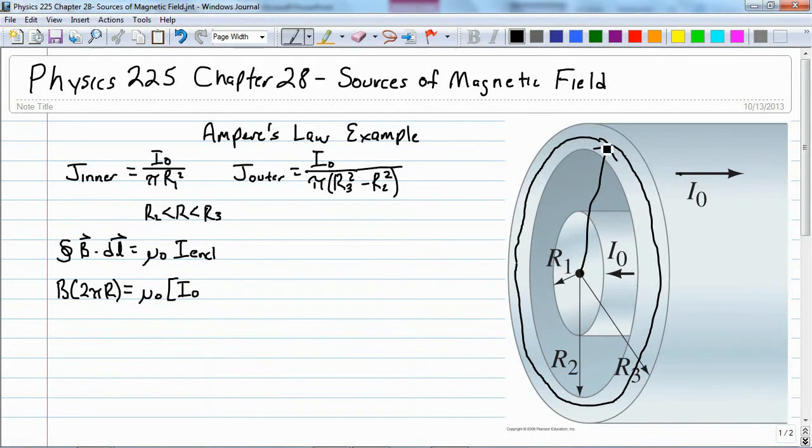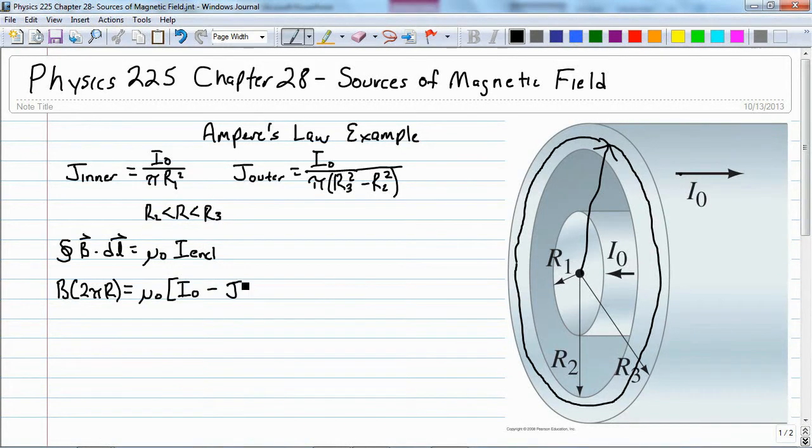And then I'm going to have just this section of the outer conductor. So I'm going to have minus, because it's going in the opposite direction, because in the outer conductor the currents go in the opposite direction.